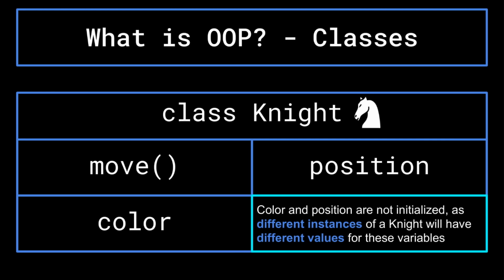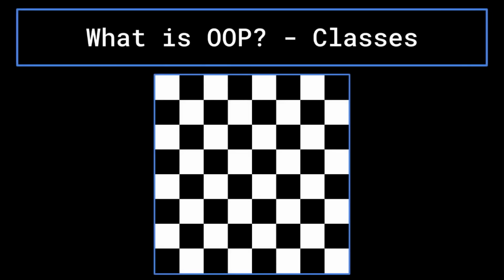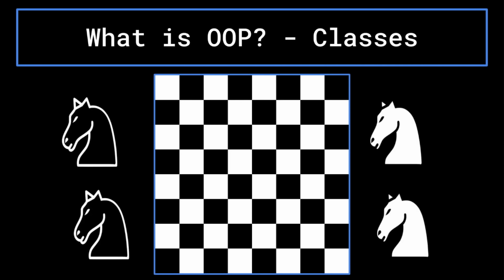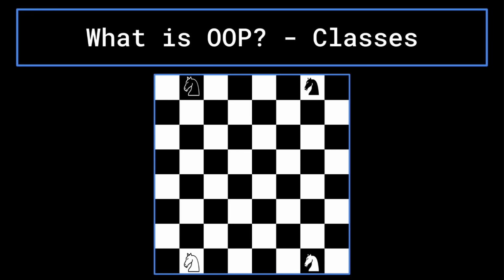When it comes to specific things, such as variables that each object under the class, in this case each knight, would have different data for, it's best to define them when I create the object, rather than in the class itself. For instance, each of the 4 knights that begin in a game of chess start on different squares than one another.